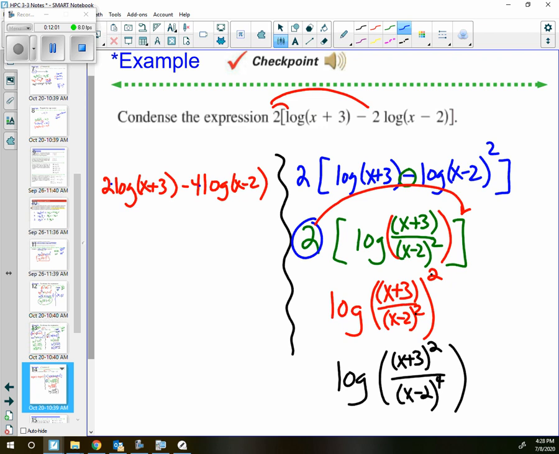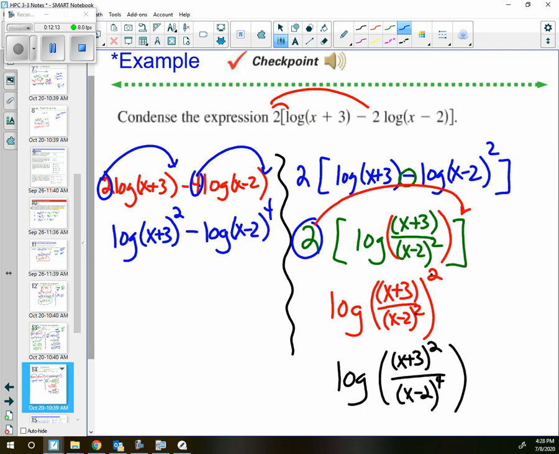We deal with the multiplies first, so those powers are going to come up top. Power properties, so the log of x plus 3 squared minus the log of x minus 2 to the 4th. And then I can deal with the subtraction. The difference of 2 logs is the log of the quotient. So x plus 3 to the 2nd divided by x minus 2 to the 4th.